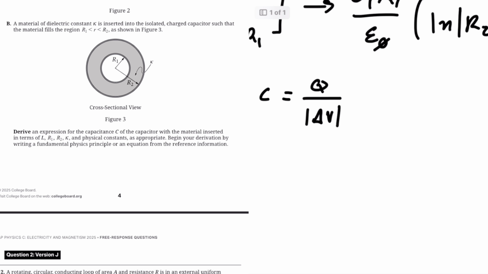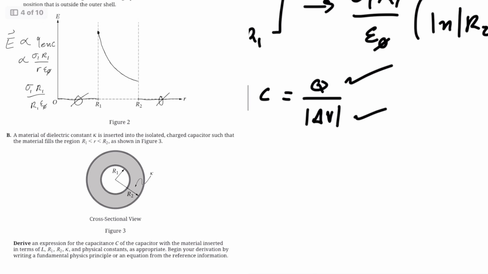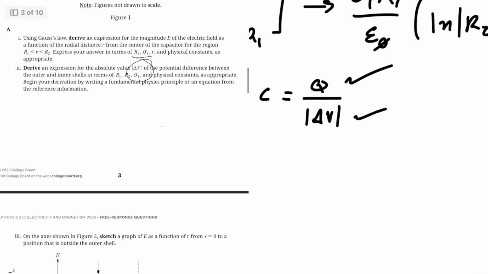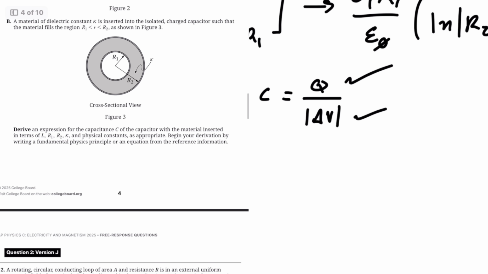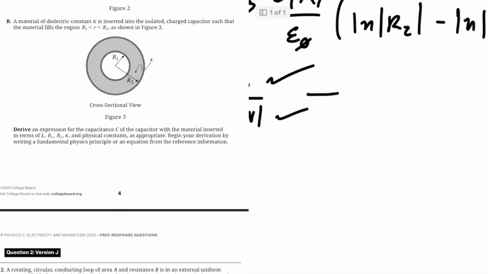So now, if I have the charge that's on the plates, which I derived earlier, and I have the potential difference from the earlier derived equation, which they asked us to derive up here, then logically I could get to capacitance. So let's think about the charge again.